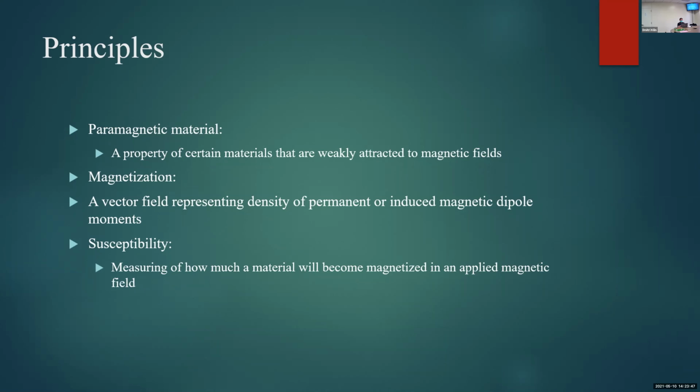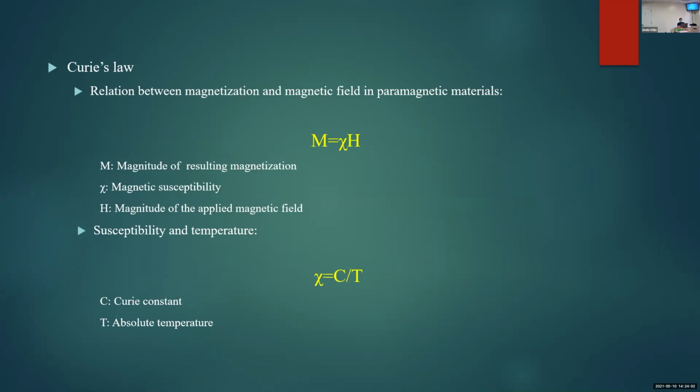The important factor is susceptibility, which is a measure of how much the material will become magnetized in an applied magnetic field. So for paramagnetic materials, we have a Curie law. In many paramagnetic materials, regarding the Curie law, magnetization is proportional to an applied magnetic field, which is shown by a linear function here.